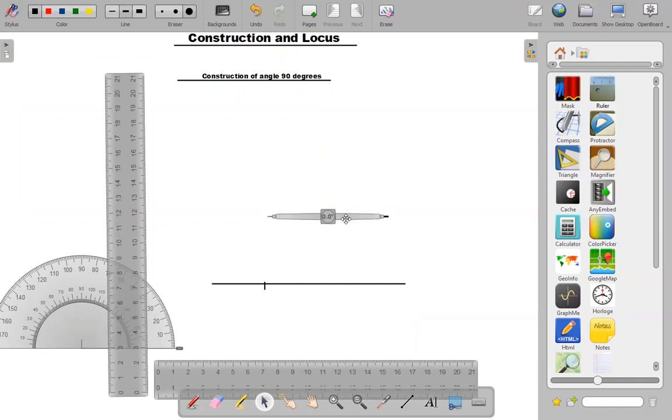The pencil point will be, you open it to a convenient radius on the line. I'm going to decrease this line. Okay, so look at your still point on the reference line, open the compass, the pencil point on the other side. Then make an arc on the line.